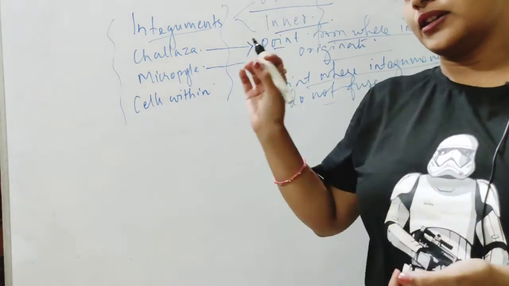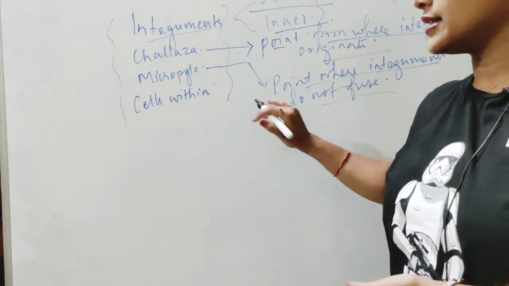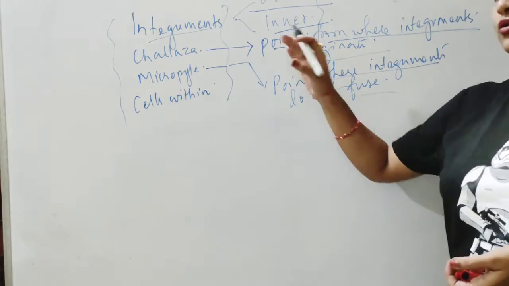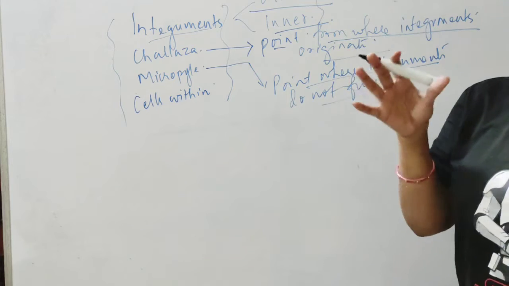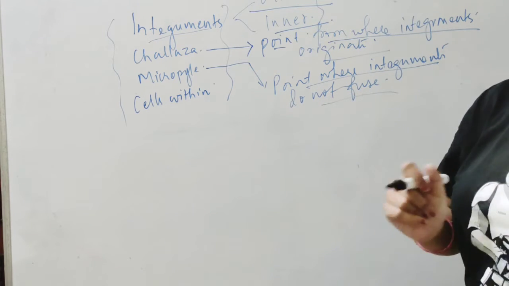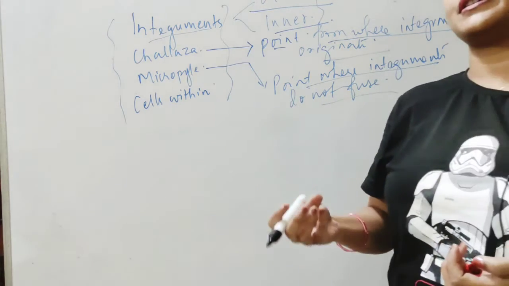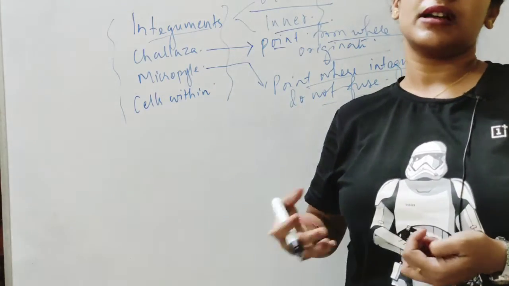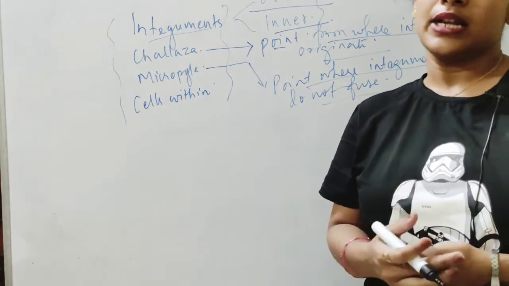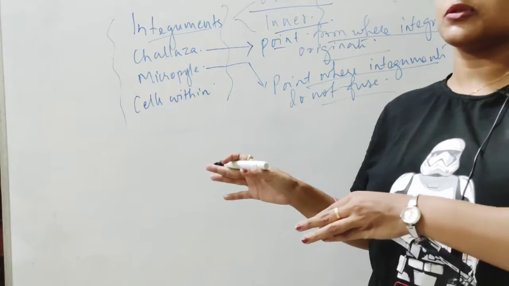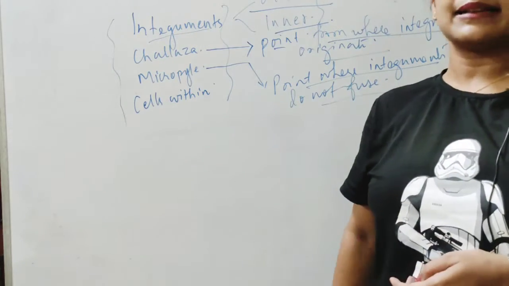So instead of any other place, this is the easiest point through which we can have access into the ovule. So definitely, when a pollen grain helps in fertilization, the male gametes need to get inside this ovule in order to fertilize the egg cell.